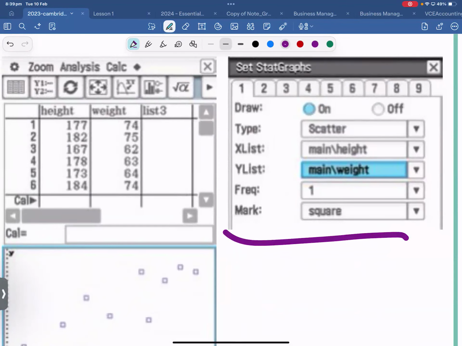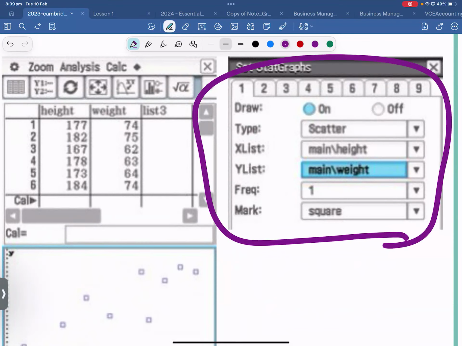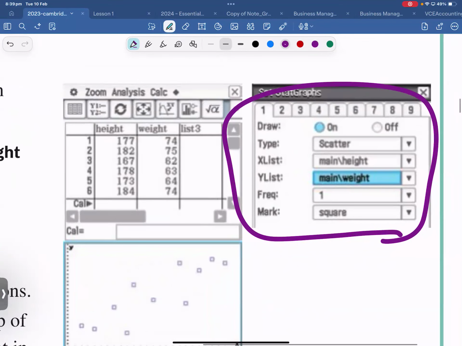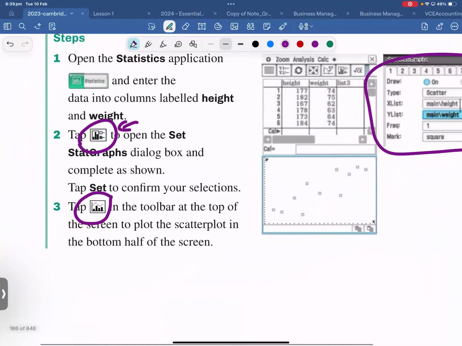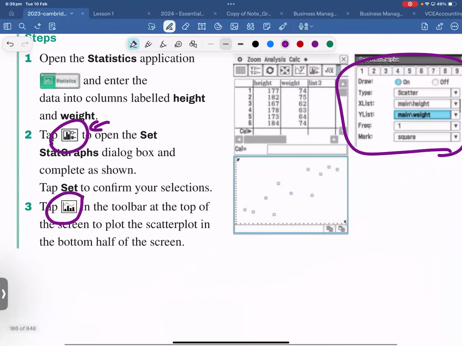Did you get this screen? Then you have to pick what type: scatter, X list. So you have to put height, Y list weight, frequency 1, and so on. Then you'll get this scatter plot.